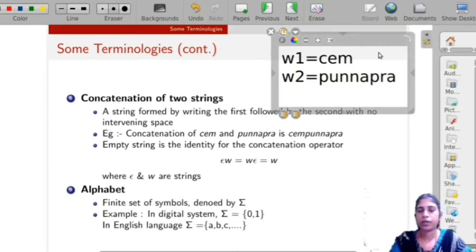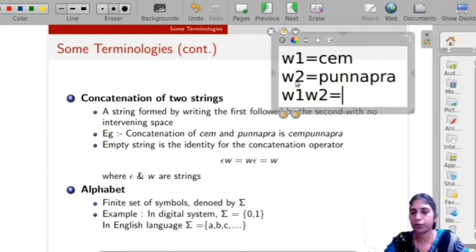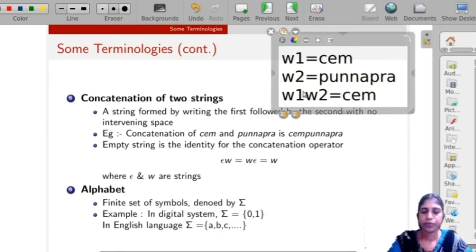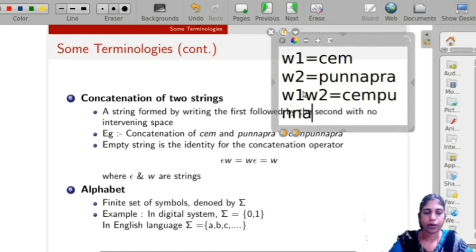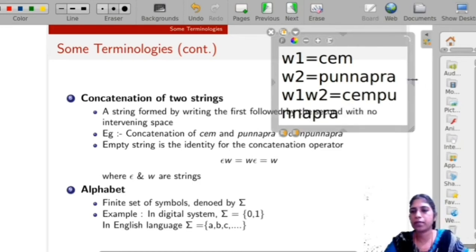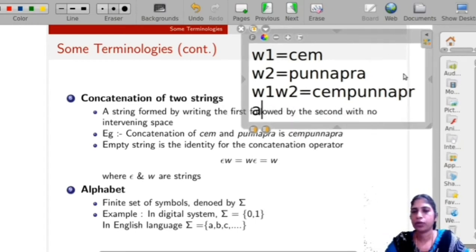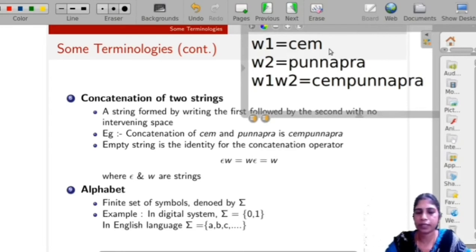Then we can combine these two as w1 followed by w2, without any intervening space. So we get CEMPunnapra. There is no space between CEM and Punnapra. So this is the concatenation.